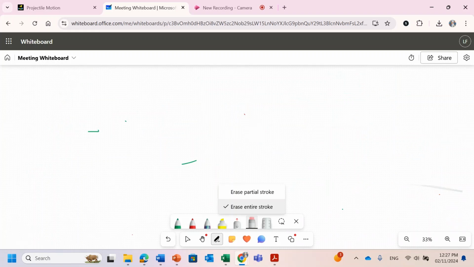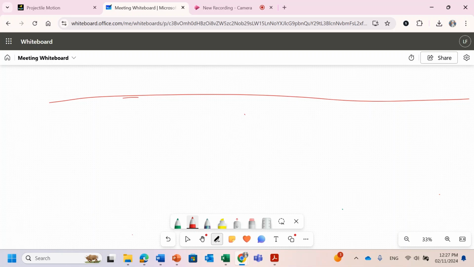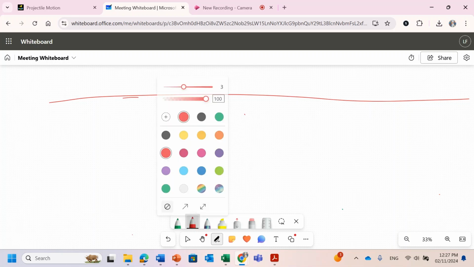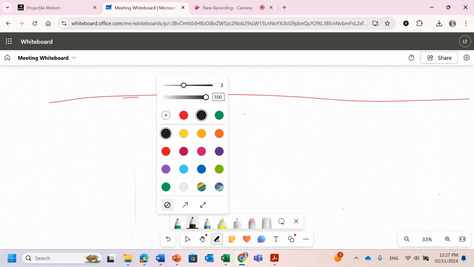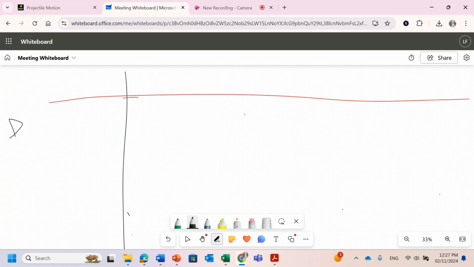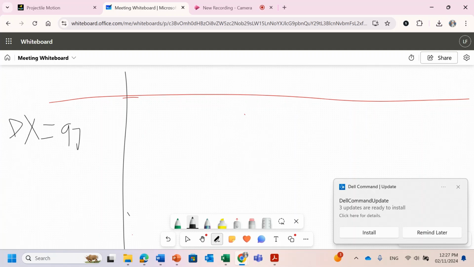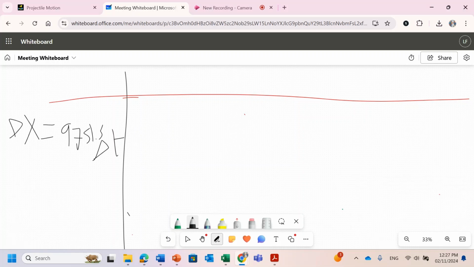I'm erasing, so just follow up with me, because I don't have space and I need to erase. Continue here. So delta X here equals 975.1 times delta T. Since the question asks to find the horizontal range delta X, I need to find delta T total.